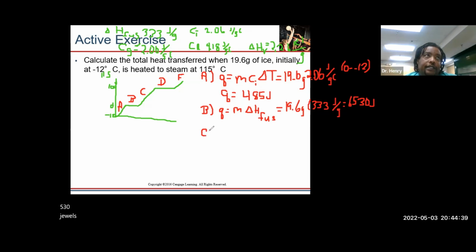And C is going to equal Q equal to MC, in this case, liquid, delta T, which is going to be equal to 19.6 times 4.18.